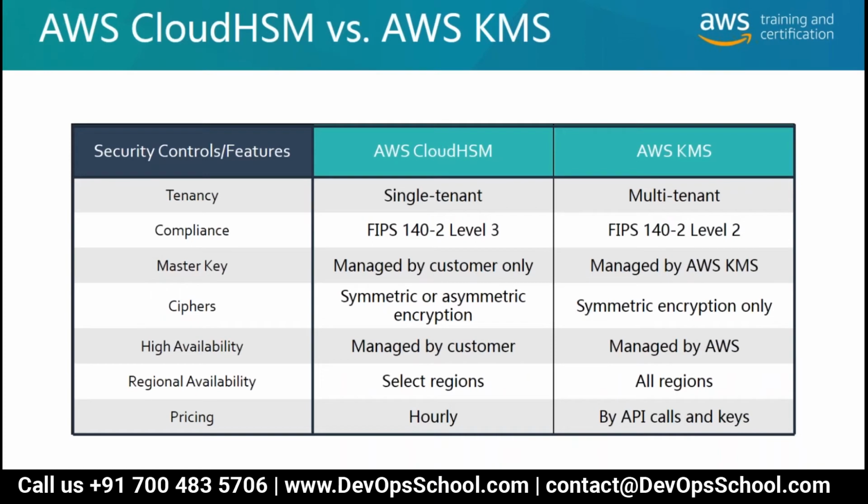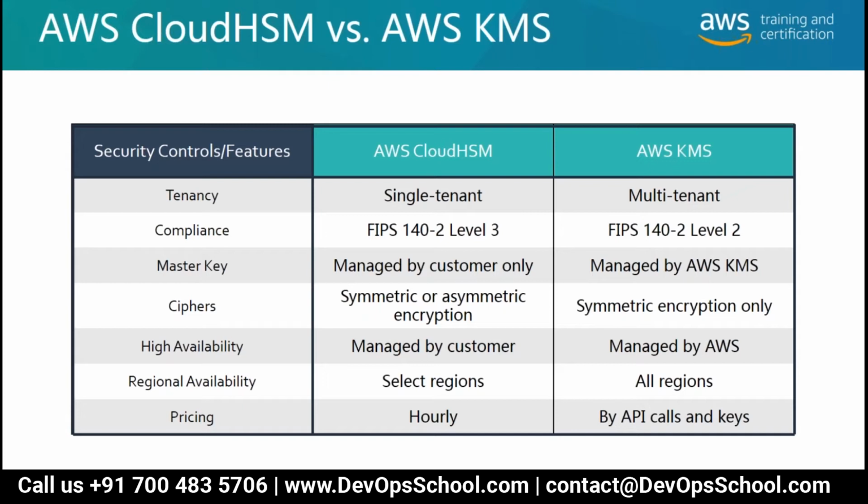All right, some differences: AWS CloudHSM versus KMS. HSM is single tenant, which means you have your own hardware device and you are the only tenant storing the keys. Whereas KMS is multi-tenant, and multiple tenants can use KMS in parallel. But all of that is taken care of for you, and your keys are not visible to other tenants.